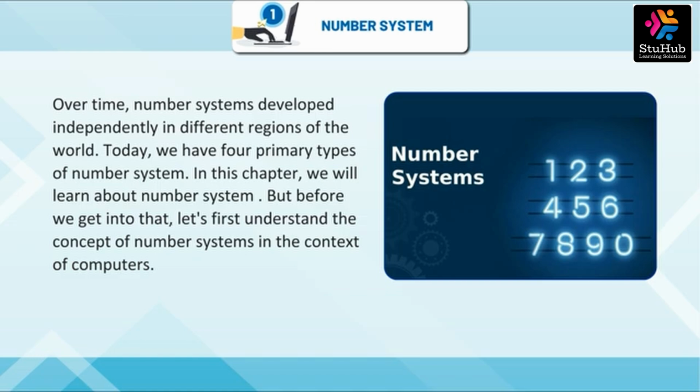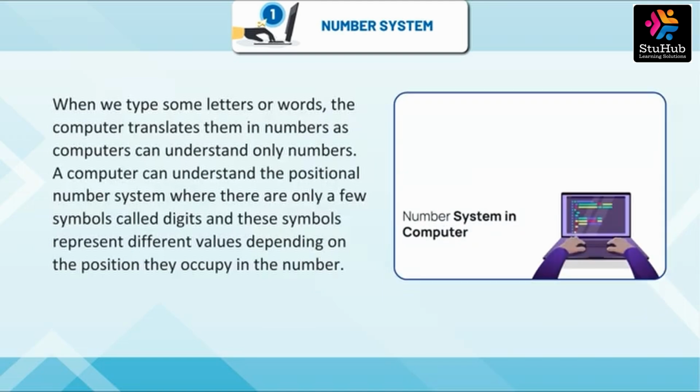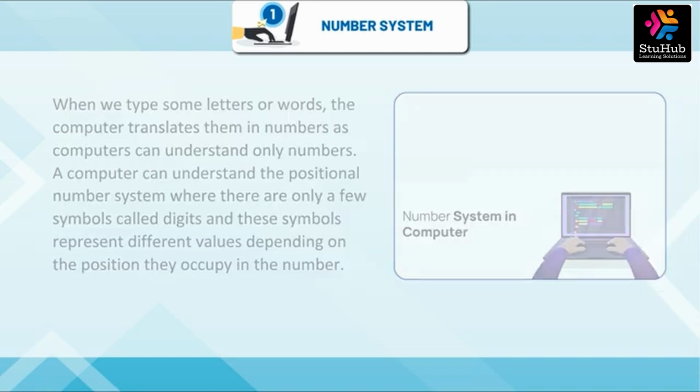But before we get into that, let's first understand the concept of number systems in the context of computers. When we type some letters or words, the computer translates them into numbers as computers can understand only numbers. A computer can understand the positional number system where there are only a few symbols called digits, and these symbols represent different values depending on the position they occupy in the number.